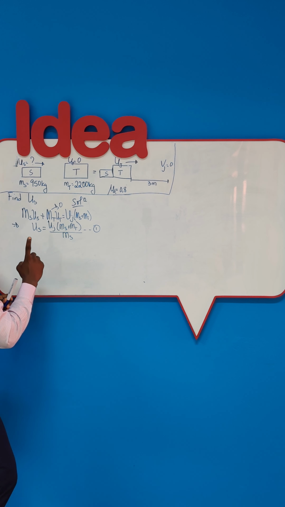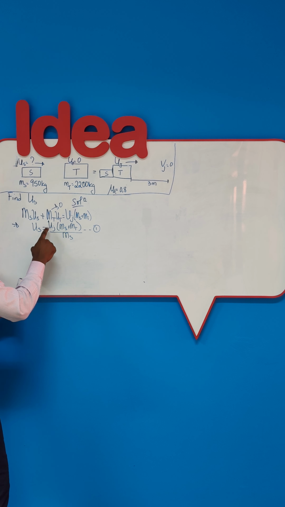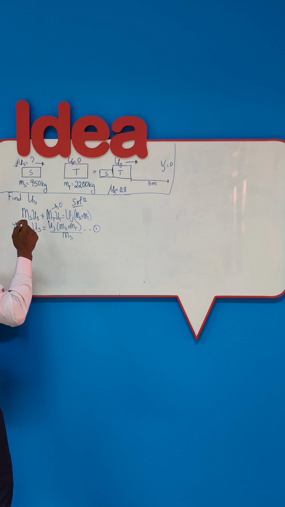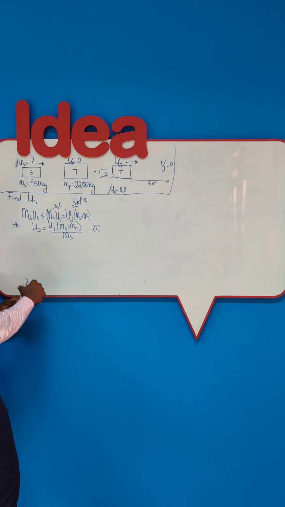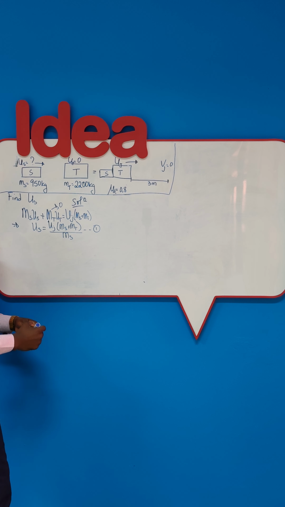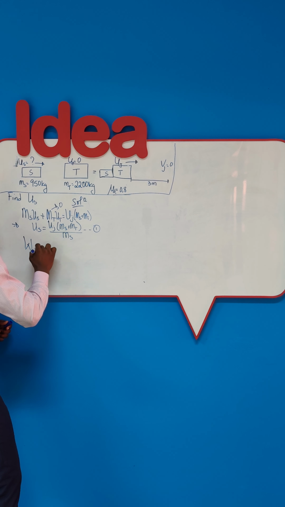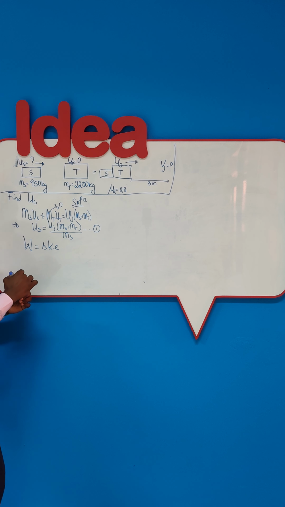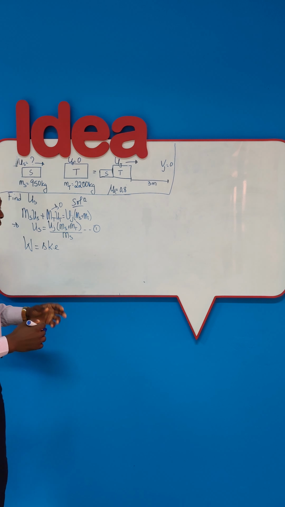Okay, so I want us to bear in mind one thing. In order for us to have this, we're going to apply a new principle here, or a new theorem, which is that of work-kinetic energy. According to this theorem, the work done by any force is equal to the change in the kinetic energy of the object on which it acts. Now, where is all of this coming from?